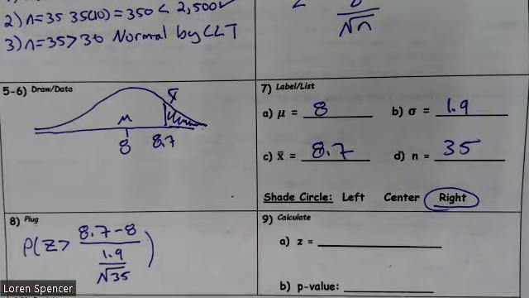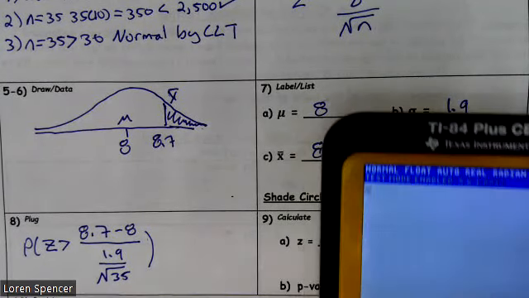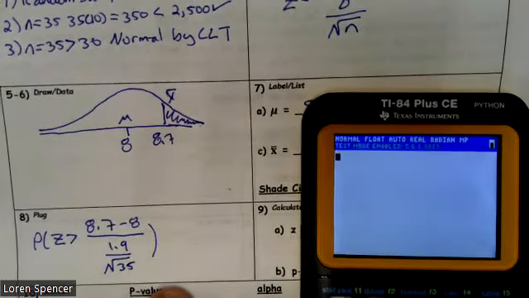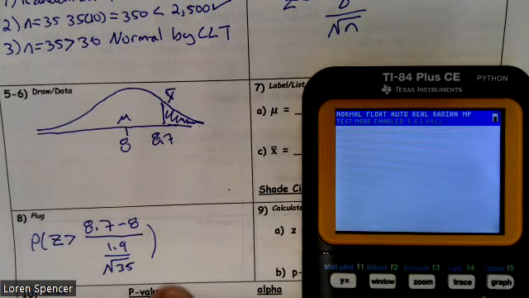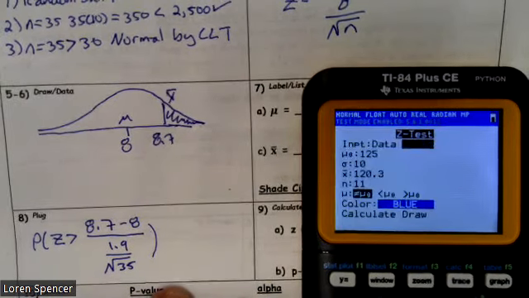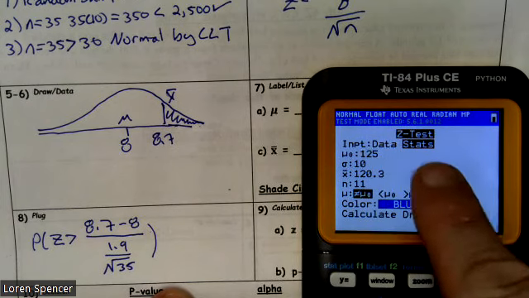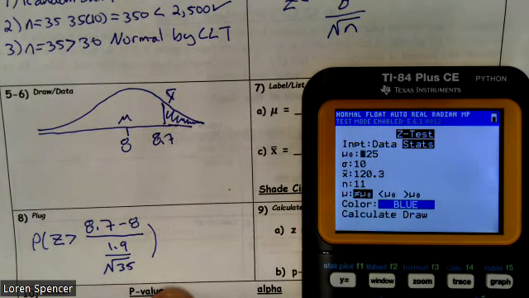We go to our calculator and run this. This is going to be STAT, TESTS, Z-Test. Make sure Stats is highlighted because we didn't put in a list of data. Our mean was 8, our standard deviation was 1.9, our X bar was 8.7, our sample size was 35, and we shaded up and to the right.